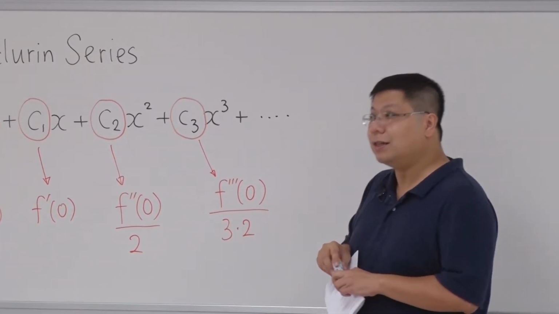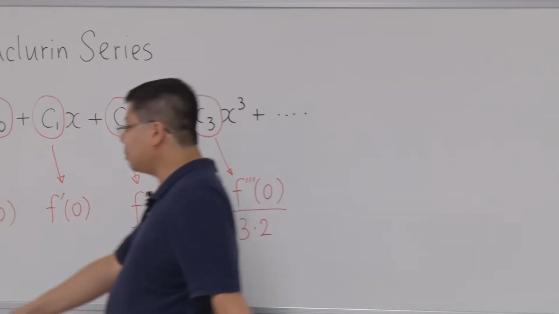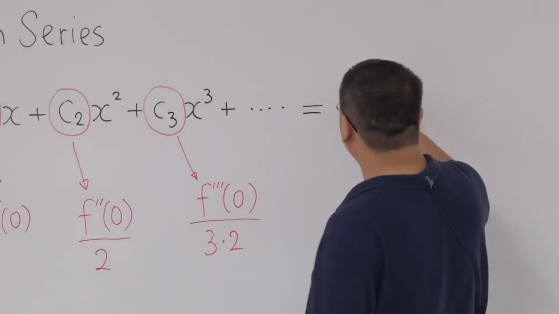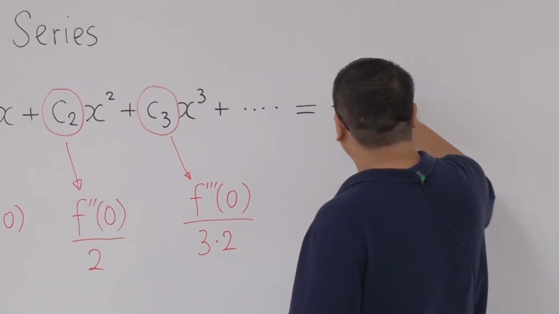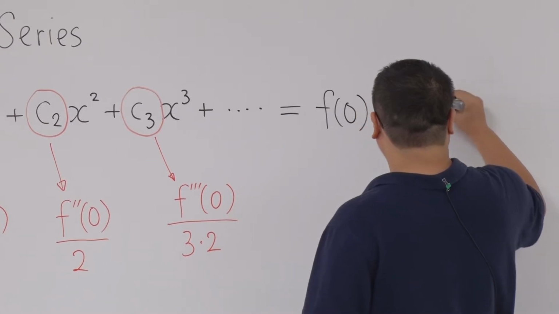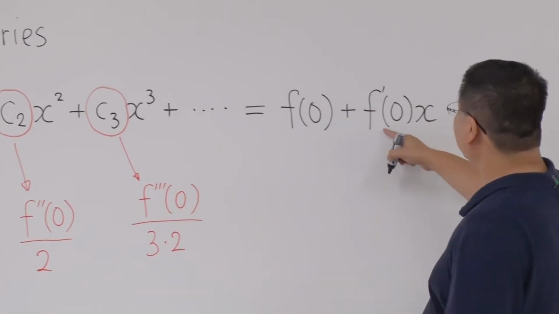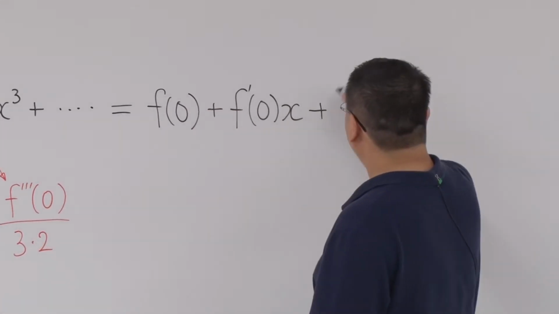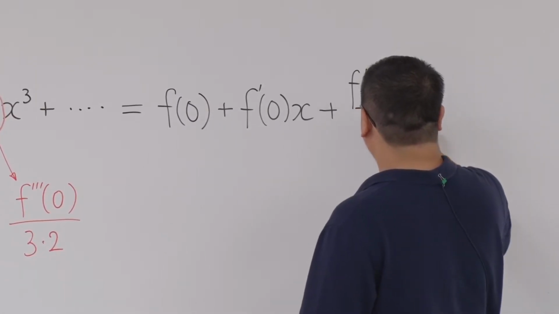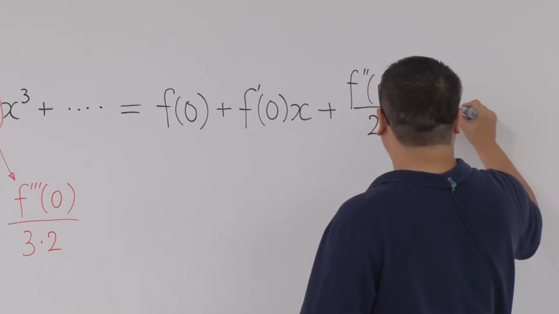And then this is the Maclaurin series. So the Maclaurin series will be equal to f(0) plus f prime 0 times x, so what is the coefficient of x? f prime 0, plus f double prime 0 divided by 2 factorial times x squared plus dot dot dot.